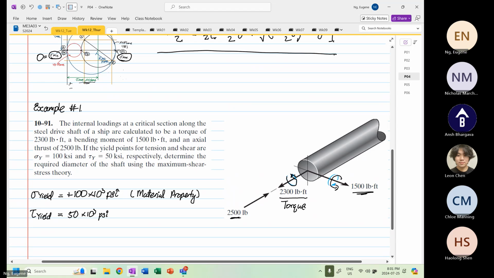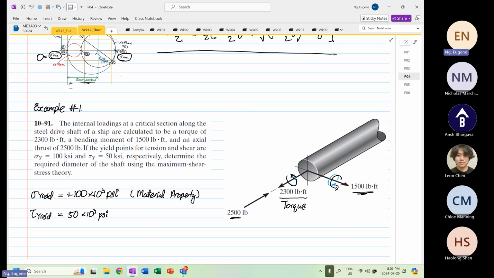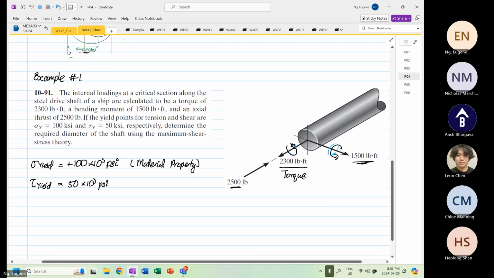So what we have to do is determine the required diameter of the shaft using the maximum shear stress criterion.